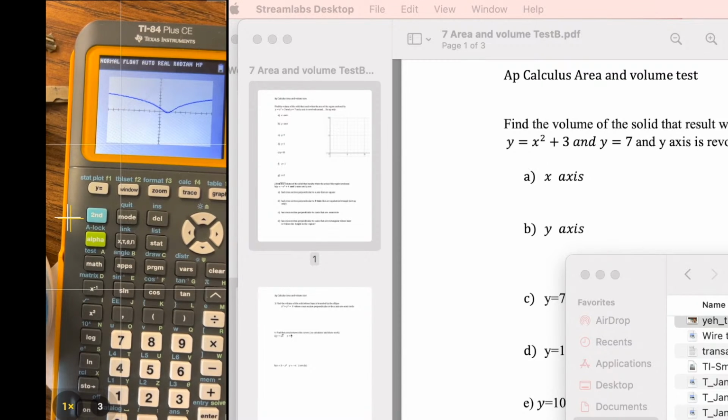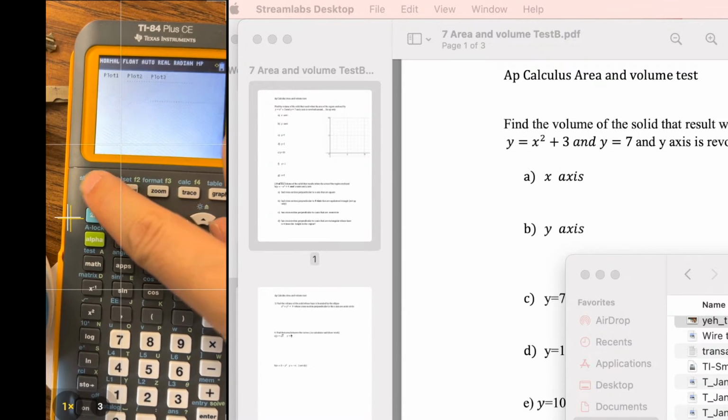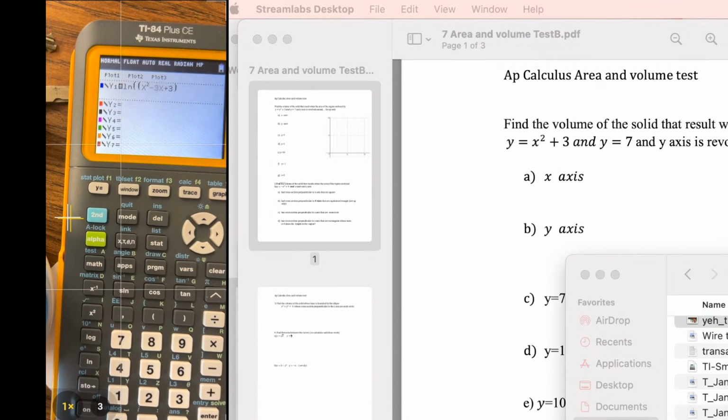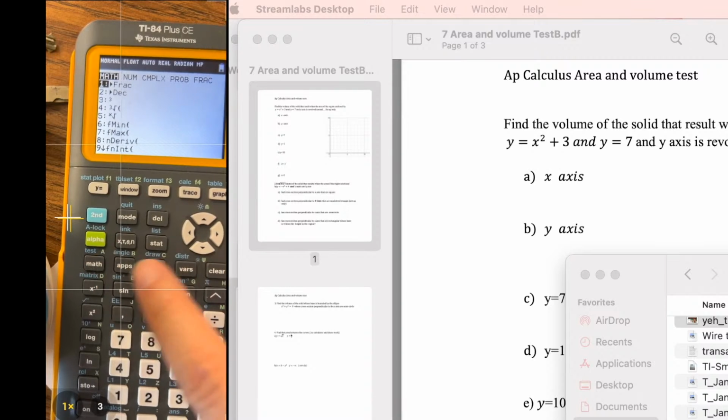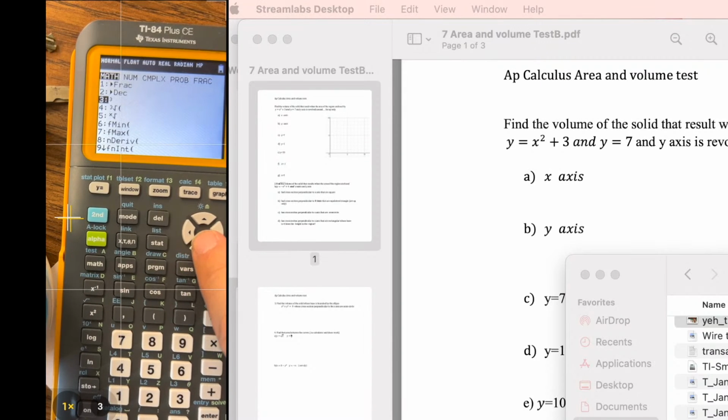And the calculator that Shang has, we're going to talk about that too, uses the way that I'm going to show you in a second. I'm going to go to math, and I'm going to go to nDeriv. Okay. And I'm going to press enter. With yours, you're going to type in, you have a parenthesis, right? And you're going to type in the vars.